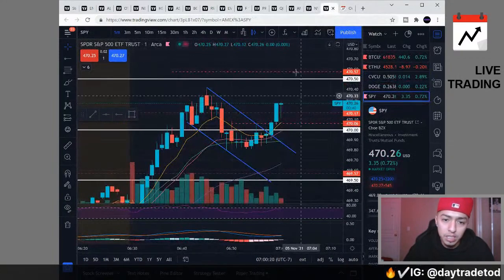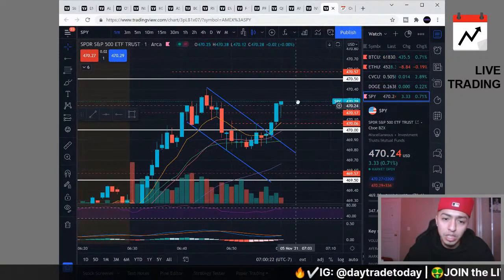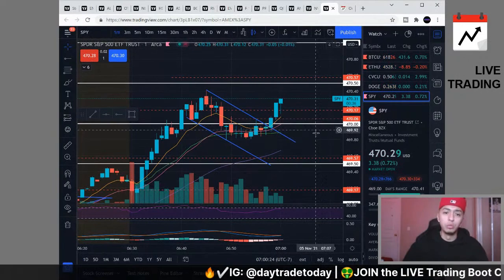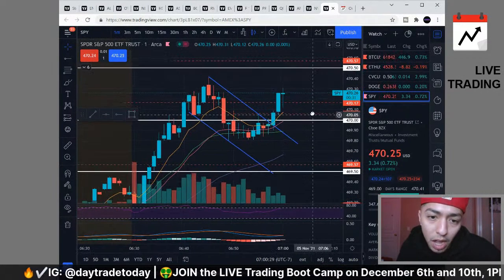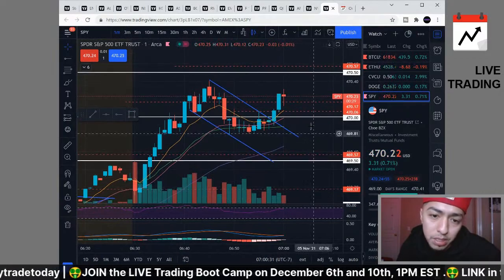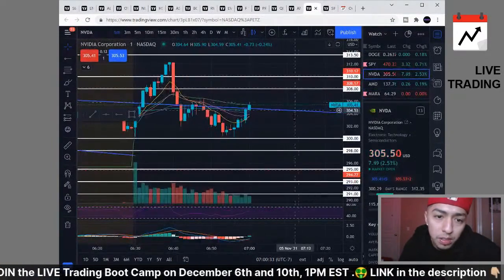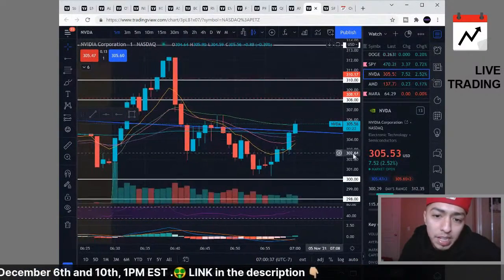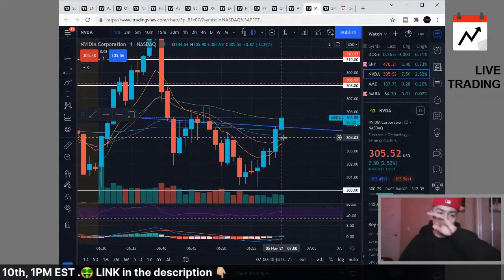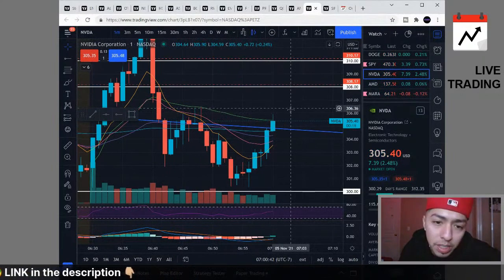Also, not to mention, it is above VWAP and above 200 EMA, which are 2 really good indicators that I look at to consider whether I should be in calls or in puts. So on options, I like to use VWAP as one of my main indicators to determine whether I should be entering in calls or puts.